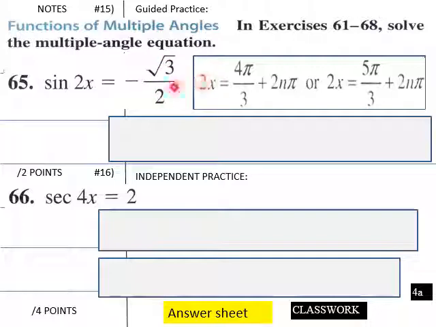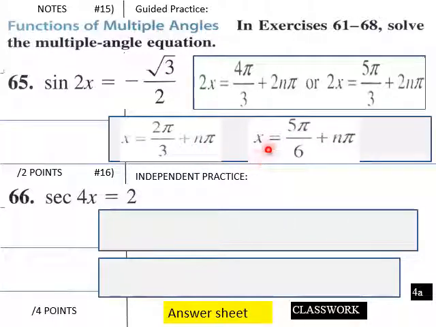So we just eliminate our sign, and we go 2x equals 4 pi over 3 plus 2n pi, or 2x equals 5 pi over 3 plus 2n pi. And then when you break that down, you can get x equals 2 pi over 3 plus n pi, or x equals 5 pi over 6 plus n pi.